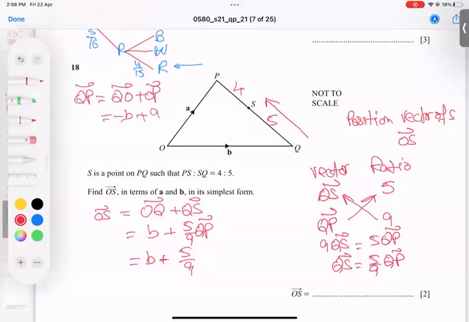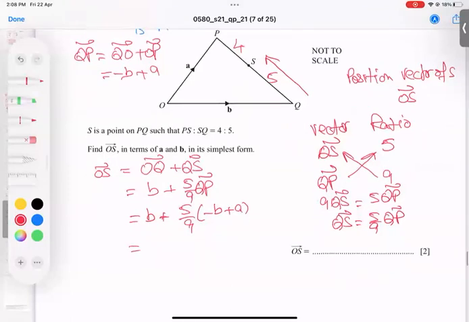So this value of QP, I'm going to plug in here. Okay, open the bracket, plus into minus, minus 5 over 9 times B, and 5 over 9 times A also. So here B common out. What is left from here? Nothing.